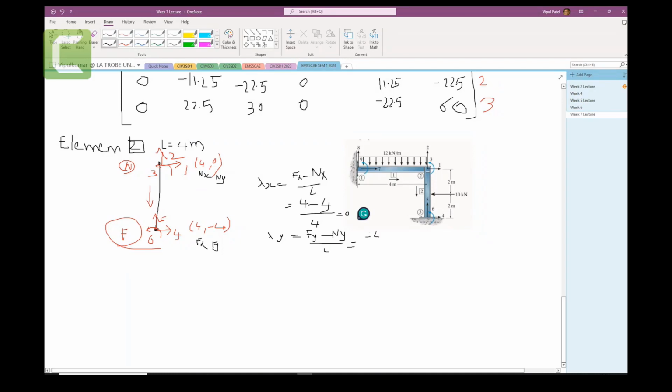Far node y is minus 4, minus 0, over 4, equals minus 1.